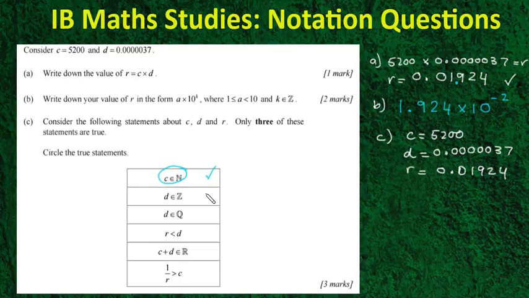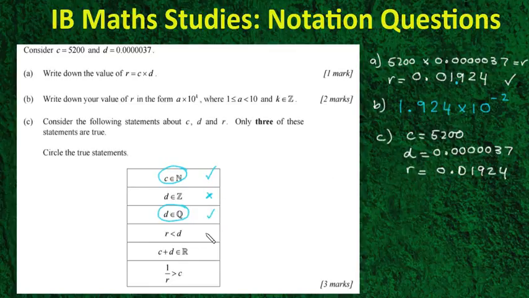The second one says that D, 0.5037, is an integer. Well, that is not correct because it is not a positive, negative, whole number, or zero. It says D is an element of the rational numbers. Well, that is correct because I can hit the fraction button, and although it's going to be a very, very small fraction, that certainly will be a fraction.